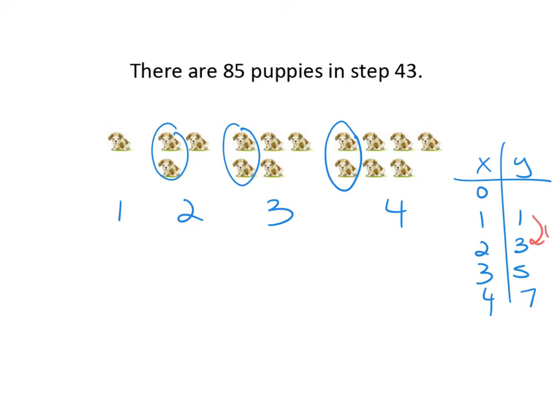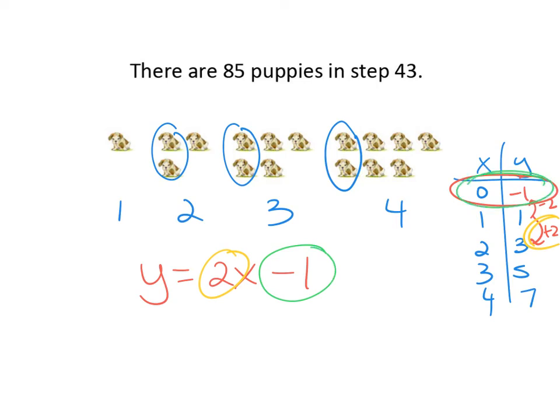So we are adding 2 each time. So if we go backwards and subtract 2, that puts us at -1. So the equation is 2x minus 1. The 2 is because of the plus 2 right here, and this minus 1 is because of this right here. So we have 2x minus 1 equals our equation.